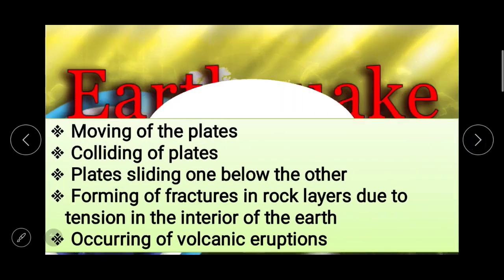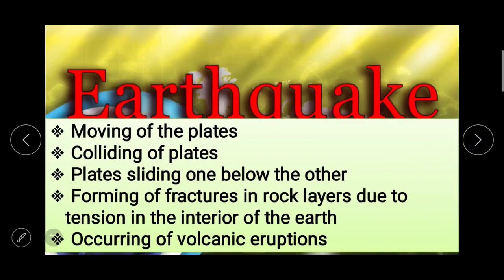Now the causes of earthquakes. Why does an earthquake occur? Moving of the plates, colliding of plates, plates sliding one below the other, forming of fractures in rock layers due to tension in the interior of the earth, and occurrence of volcanic eruptions.